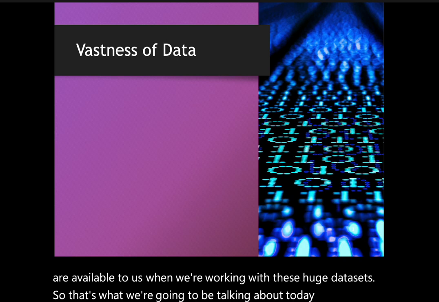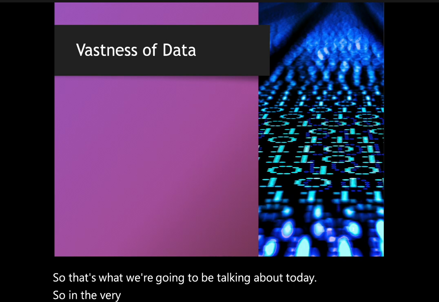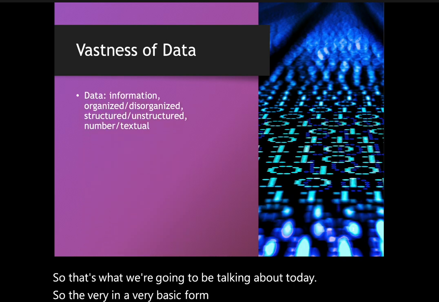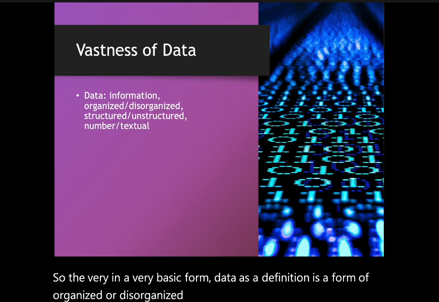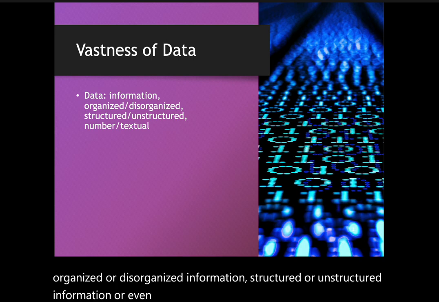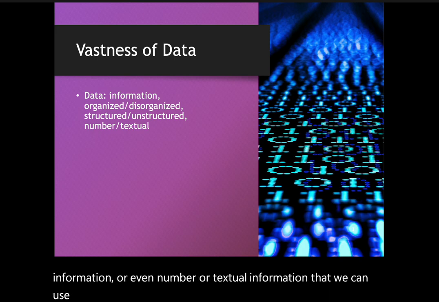In a very basic form, data as a definition is a form of organized or disorganized information, structured or unstructured information, or even number or textual information that we can use to see what's going on in the world. So, data really varies.